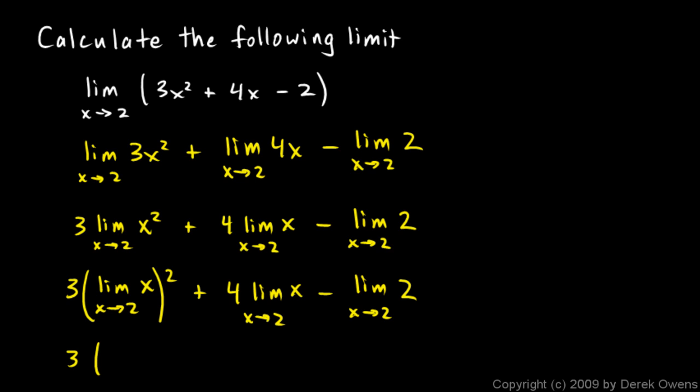This is 3 times, now here, the limit as x approaches 2 of x. Well, that just has to be 2, so this is 2 squared plus 4 times the limit as x approaches 2 of x. Well, that's 4 times 2 minus the limit as x approaches 2 of 2, which is just 2. And so that gives me 12 plus 8 minus 2 gives me 18 for my answer.